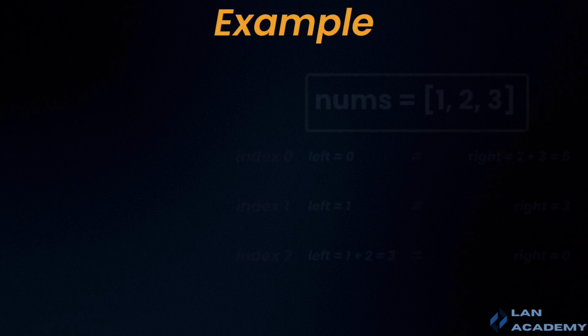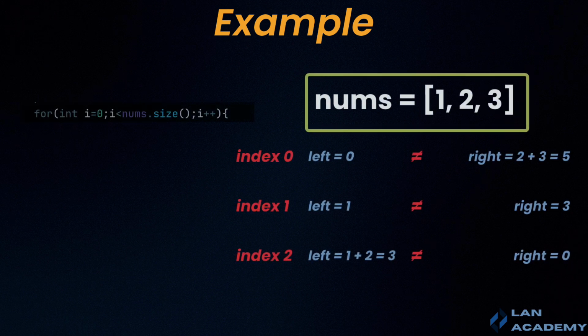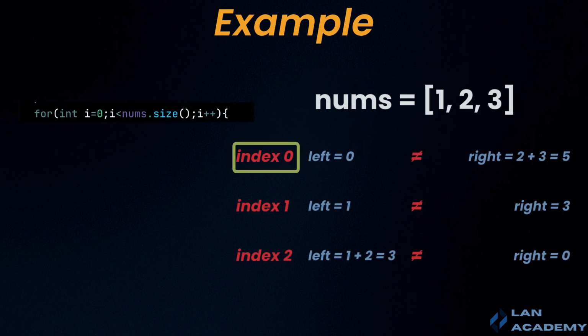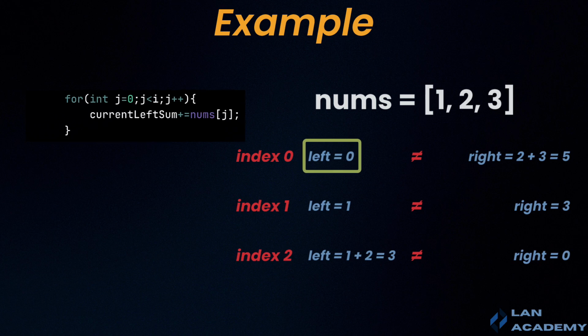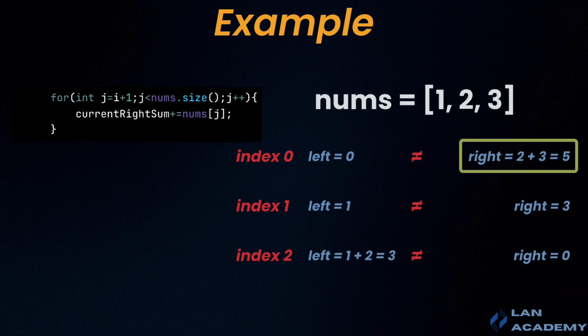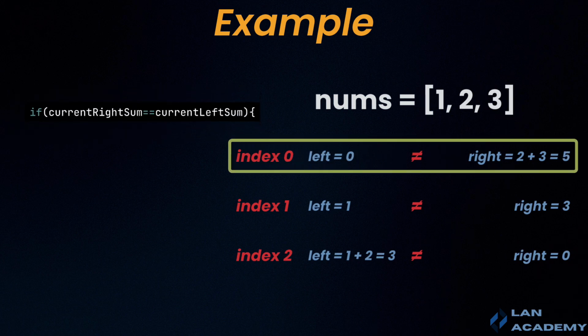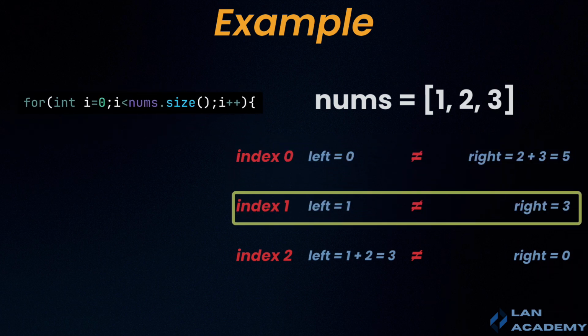Suppose I have the array 1, 2, 3. When the outer loop starts, I is 0. For this position, current left sum is 0, because there are no elements to the left of the first element. The current right sum is the sum of all elements to the right, which is 2 plus 3, totaling 5. Since 0 doesn't equal 5, I move to the next index.